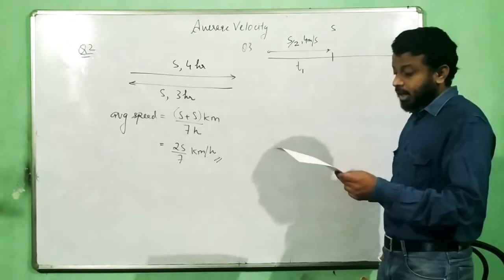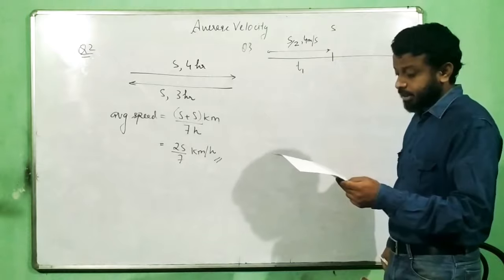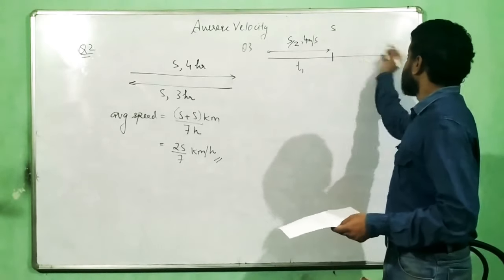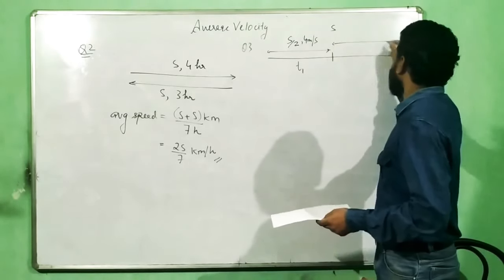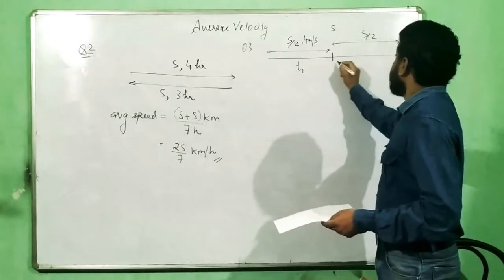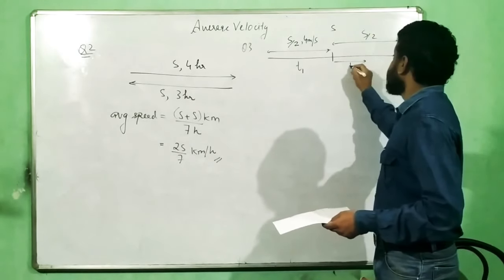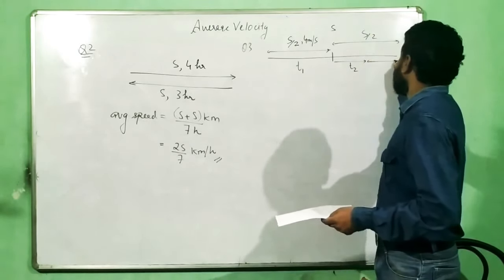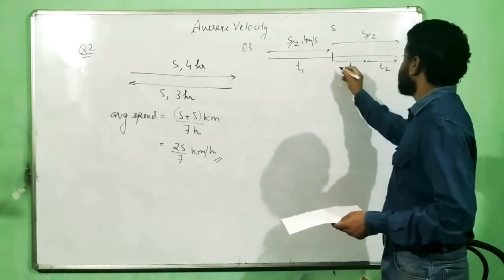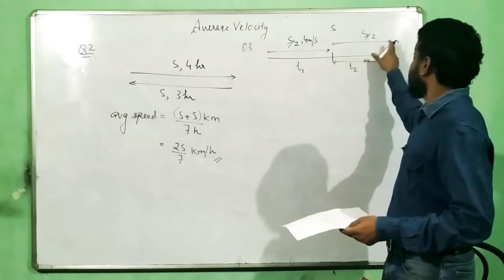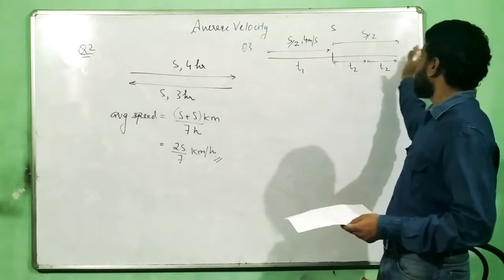Then the question says the other half of the distance is covered in 2 equal time intervals. So this remaining half, S by 2, if it travels from here to here in a time t2, then from here to here also it travels in a time t2.